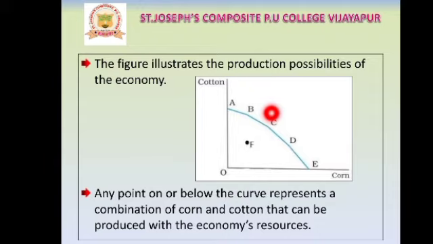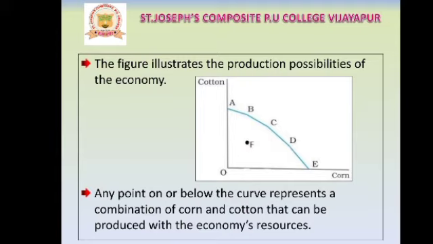According to this graph, if there is a point lying strictly below the production possibility frontier, see students, this curve is called the production possibility frontier.